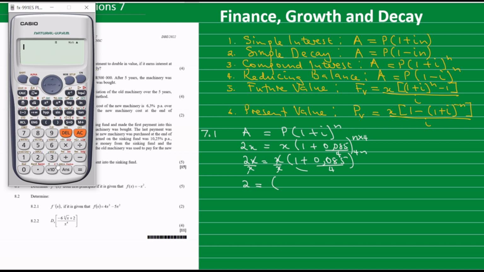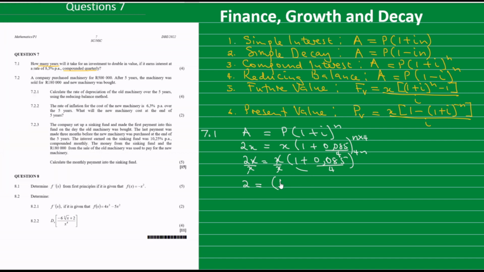When we add 1 plus 0.085 over 4 to get a single answer, our answer is 817 over 800. I would express that as a decimal, which is 1.02125, and this is raised to the power 4n.